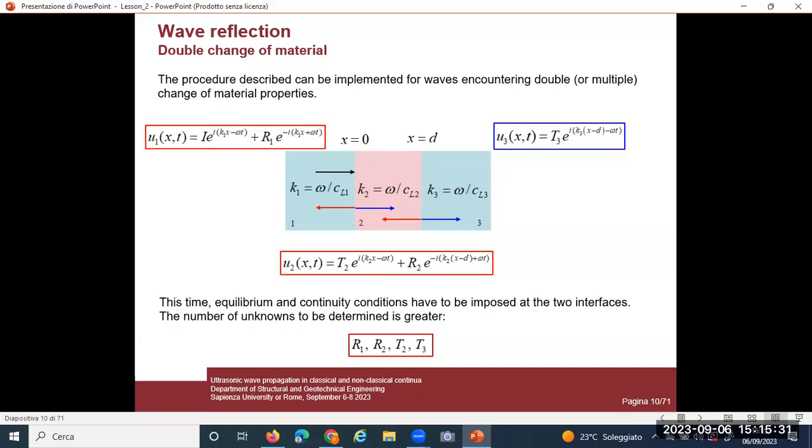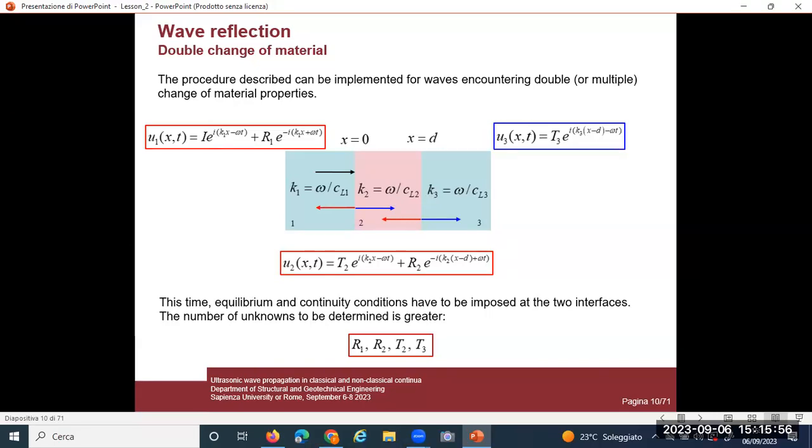The procedure that I have described can be implemented for waves encountering double or even multiple changes of material properties. You've got to consider that this drawing can be representative of a multi-layer material.